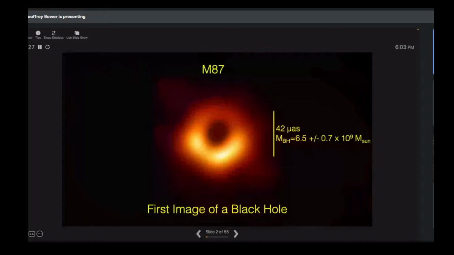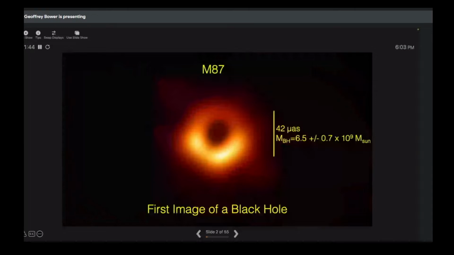Okay. So 42 microarcseconds, which is about the size of an orange on the moon. And contained within that 42 microarcseconds is a 6 billion solar mass black hole. And here is Sagittarius A star.